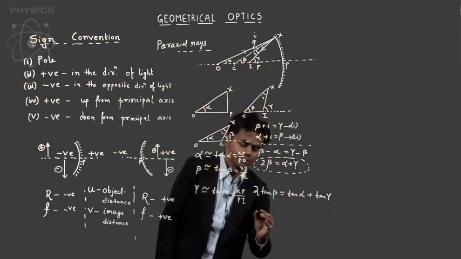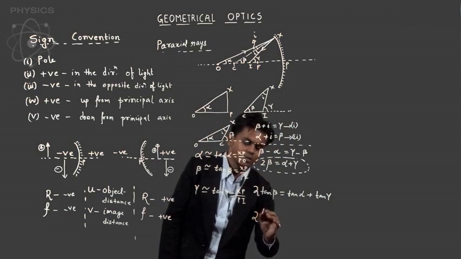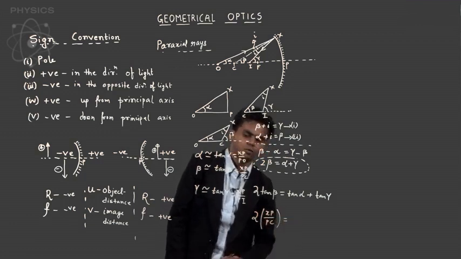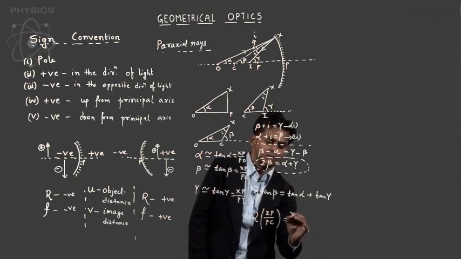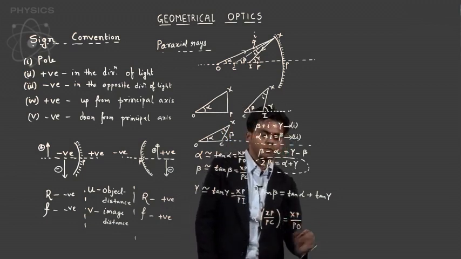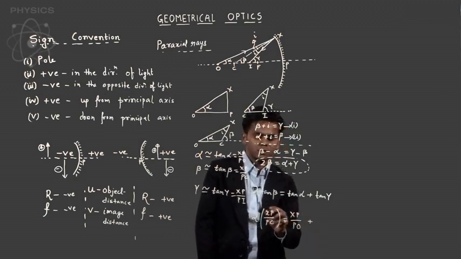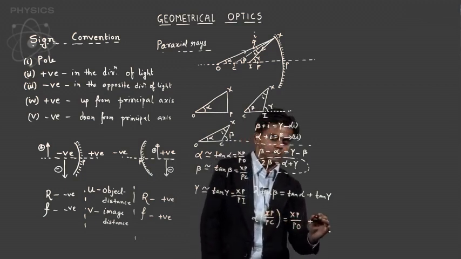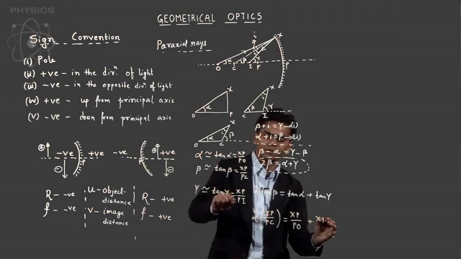What I would get is twice of XP upon PC is equal to tan alpha, which is XP upon PO, plus tan gamma, which is XP upon PI.